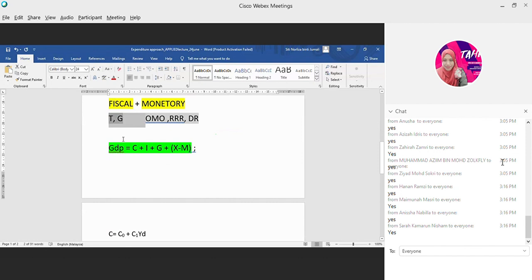If G increases, GDP increases. If export increases, GDP increases. If M increases, GDP decreases. Okay? So, increase GDP, we can imagine now AD will shift to the right.